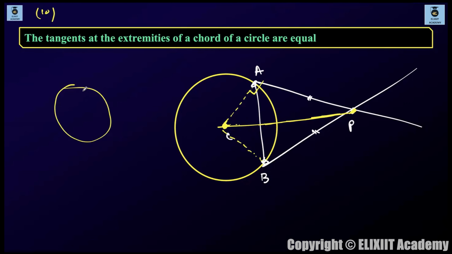You take the radius, and from here you take the tangent. This angle is always 90 degrees. These two are always perpendicular. So this will also be 90. These two are also 90 degrees.